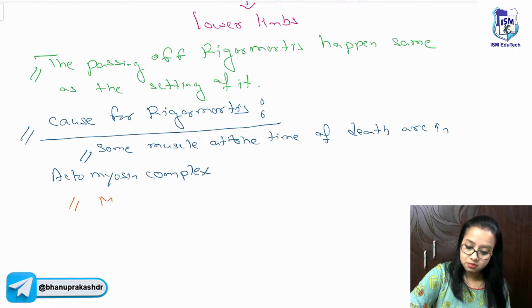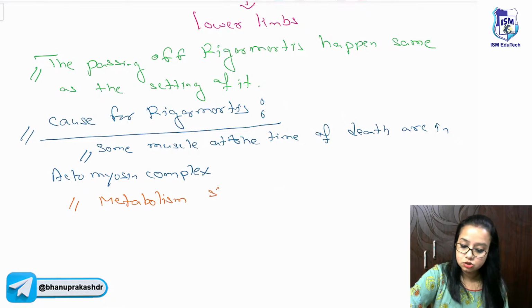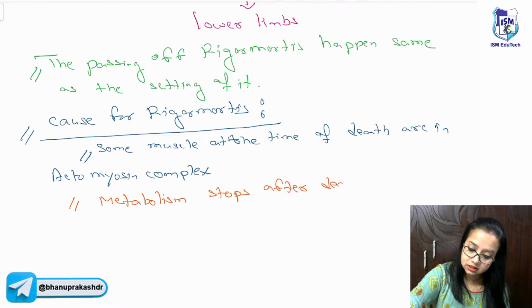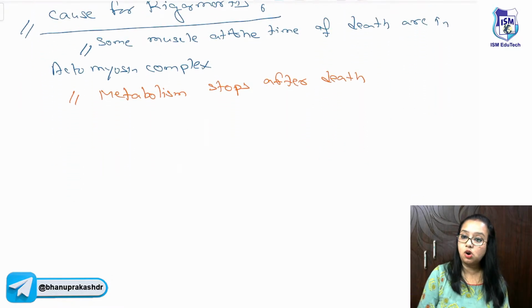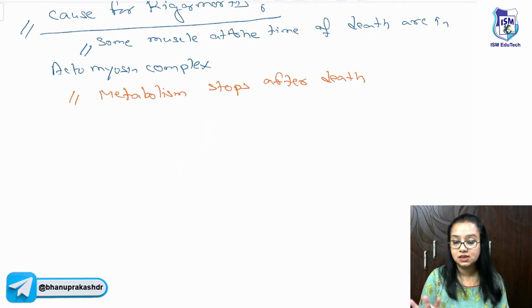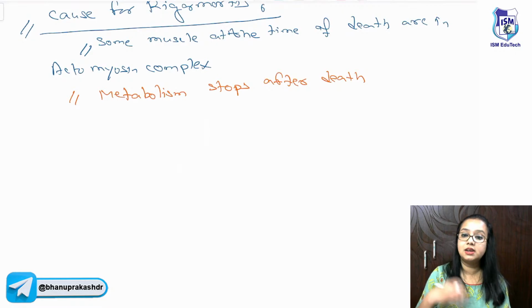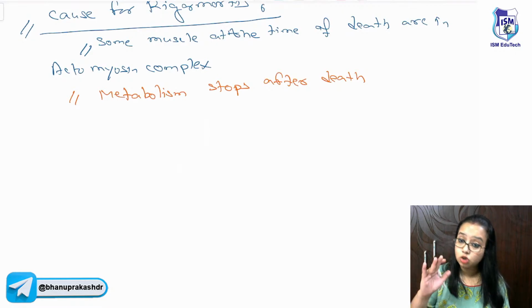Now, this does not get dissociated. So, metabolism stops after death. If metabolism stops after death, all the cellular respiratory chain, the oxidative chain, all the anaerobic and aerobic respirations, everything stops.